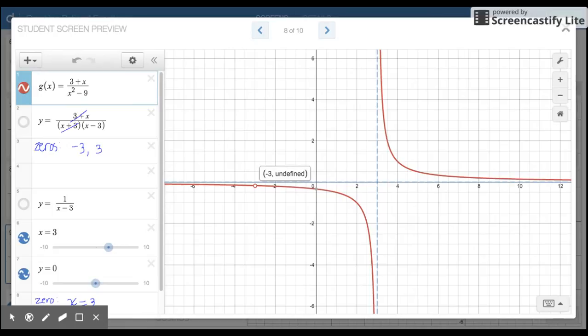Again, we see a hole in the graph at x equals negative 3. So just like the previous function, the 0 of the factor that we canceled represented a hole in the graph, and the 0 of the denominator of the simplest form, we see there the vertical asymptote.